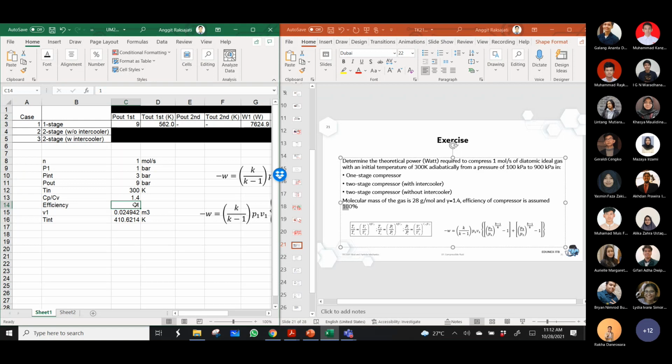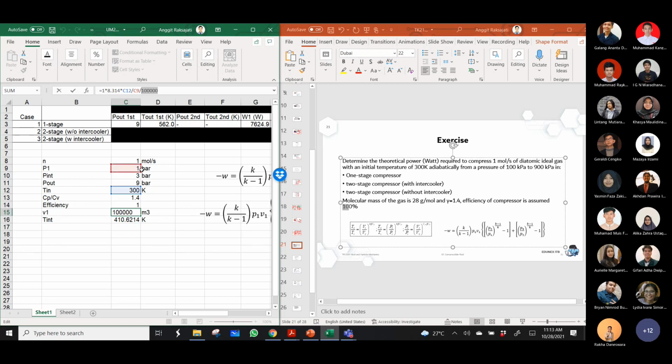Okay, just for simplicity, now I use 1. If you need to find the V1, then you can use the ideal gas correlation, right? So it becomes nRT per P. And that's just the unit conversion, especially for the pressure, because that's 1 bar.